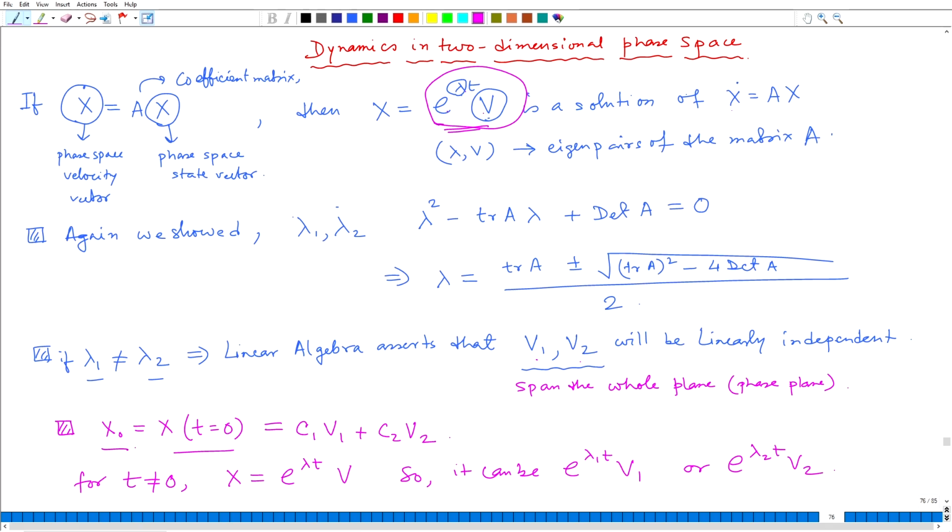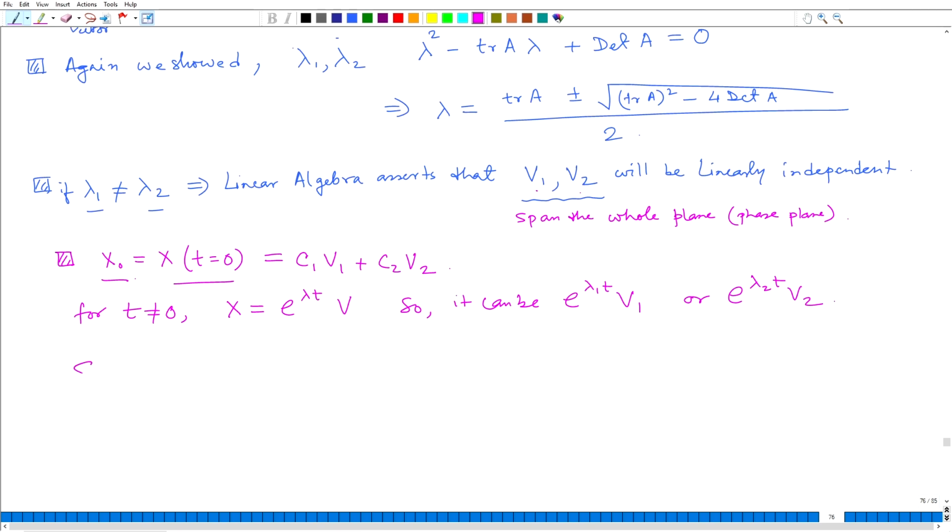Since x dot equal to A x is linear, the linear superposition of these is also a solution.